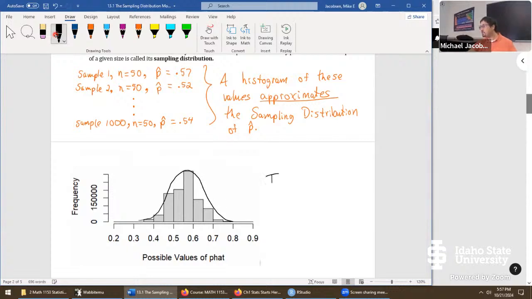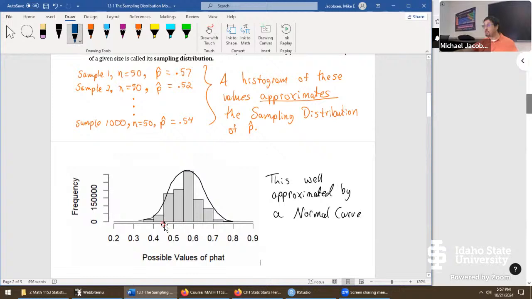And we'll say that this is well approximated by a normal curve. And the thing we just calculated, it deserves a title.